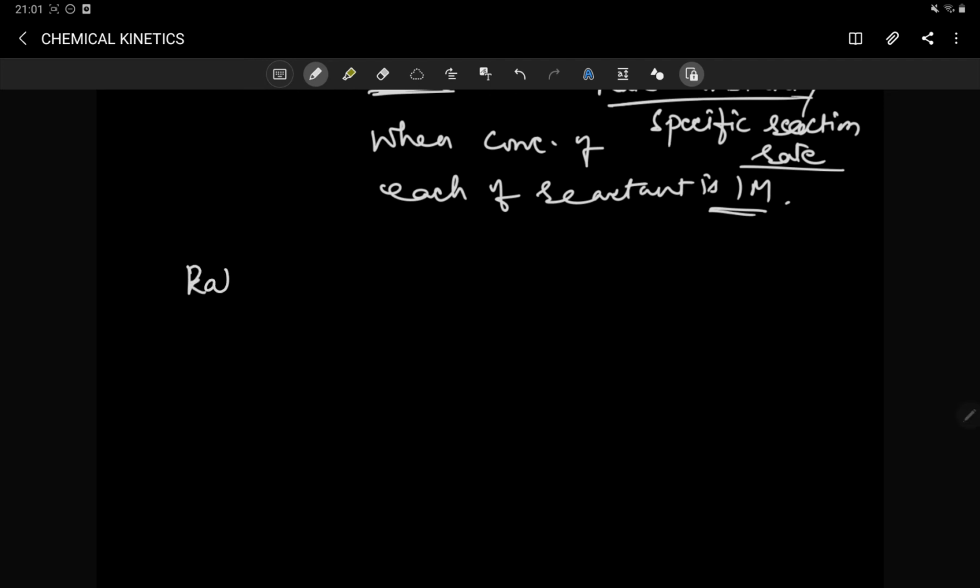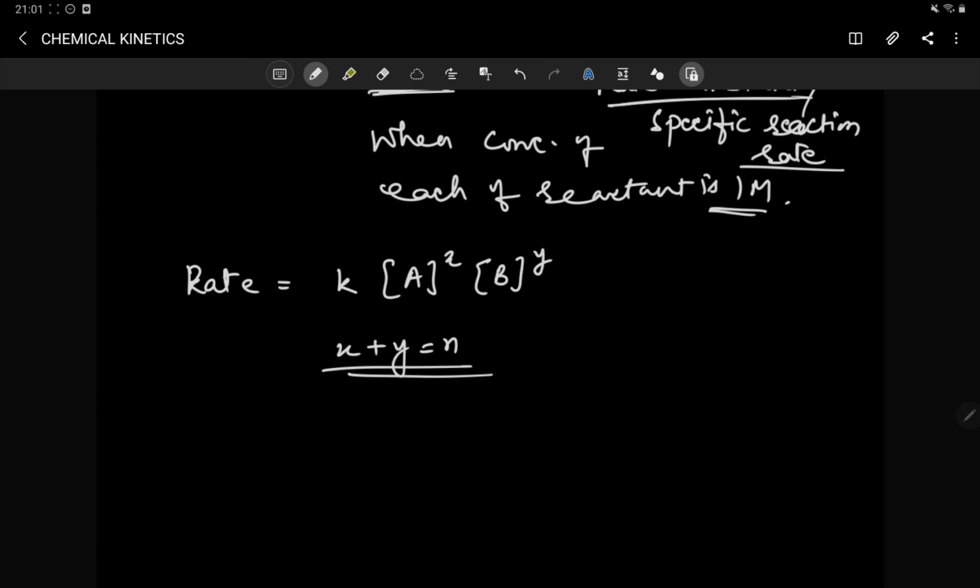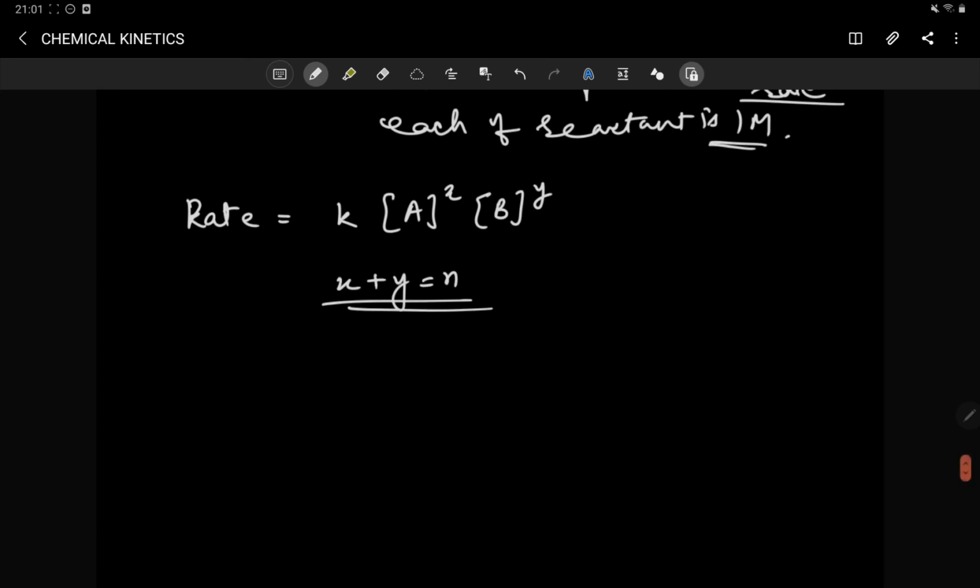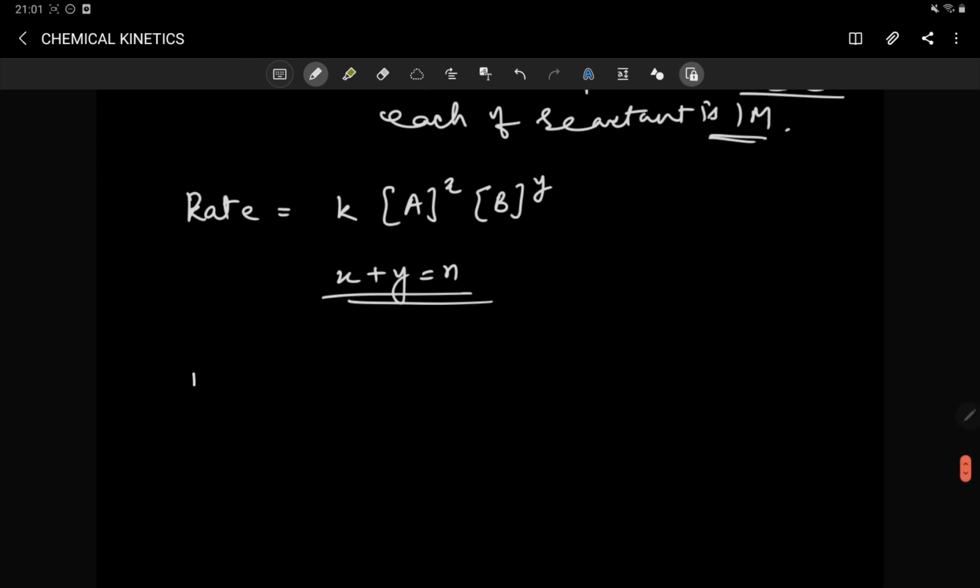If we write the rate law, it is rate is equal to K into A raised to power X into B raised to power Y. Now say if X plus Y is equal to n, say n is the order of reaction. So according to that, the units will vary. So if we write K is equal to rate upon A raised to power X into B raised to power Y, or it will be equal to rate.